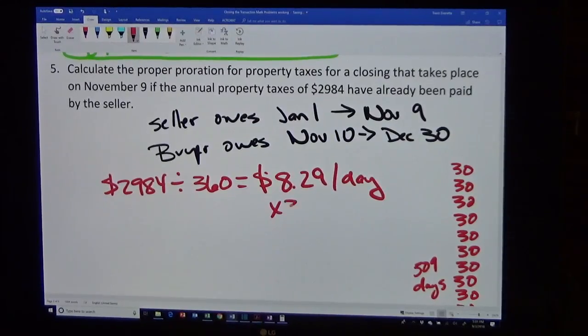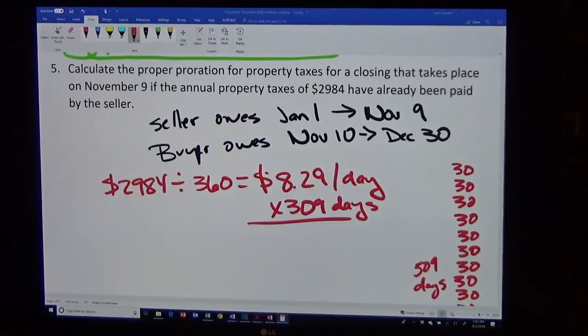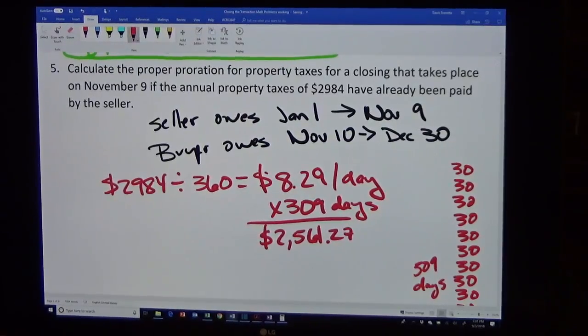Times 309 days, almost the whole year, and that gives us total seller property taxes of $2,561.27. Again, if you're a few cents off, it's okay because rounding would make a difference here.